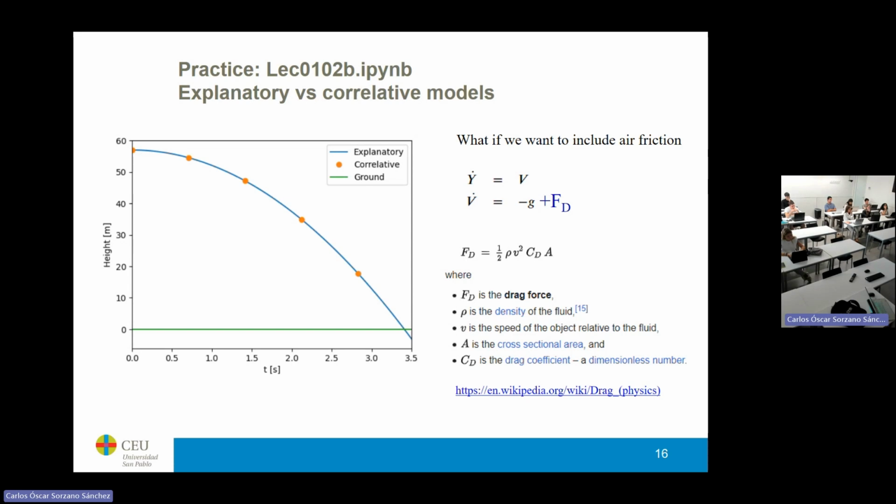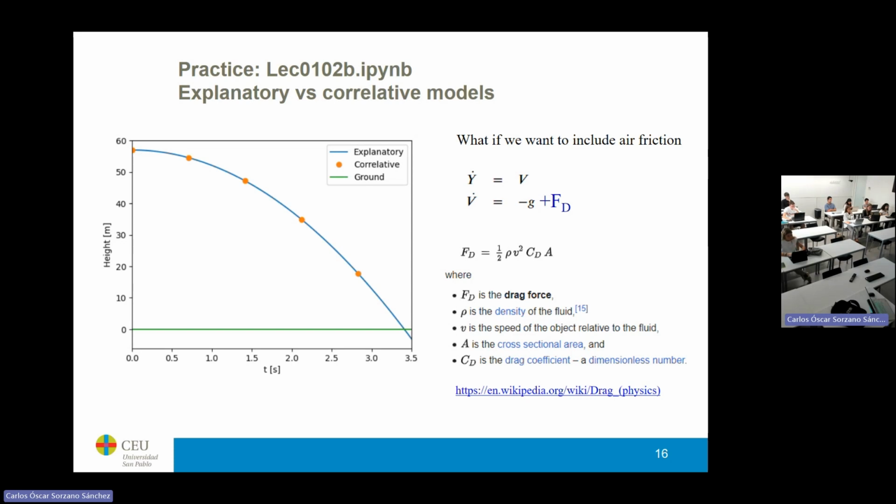And what is the cross-sectional area? So the cross-sectional area is the size of the object. That is why parachutes have a very wide cross-section. So that is why you use parachutes to fall down from a plane. And then you have some drag coefficient. That is okay.